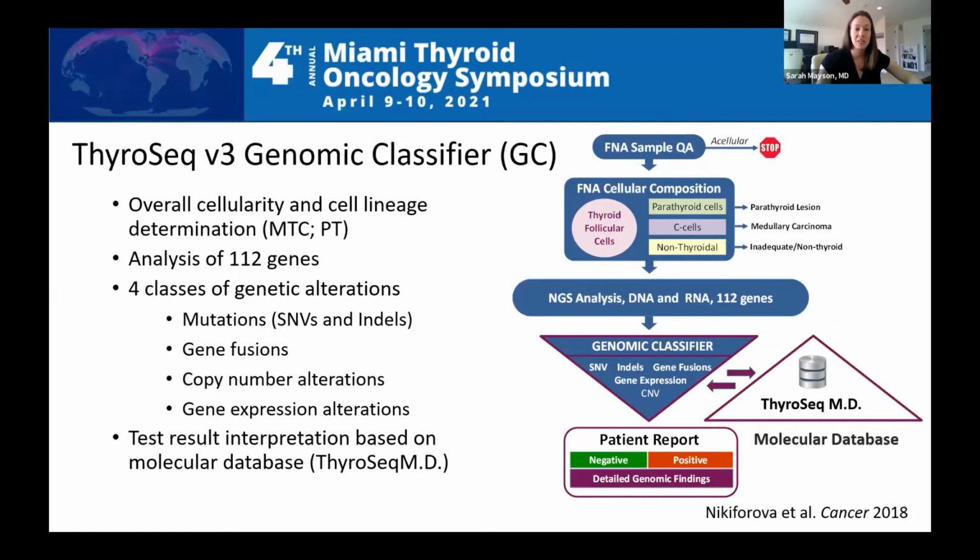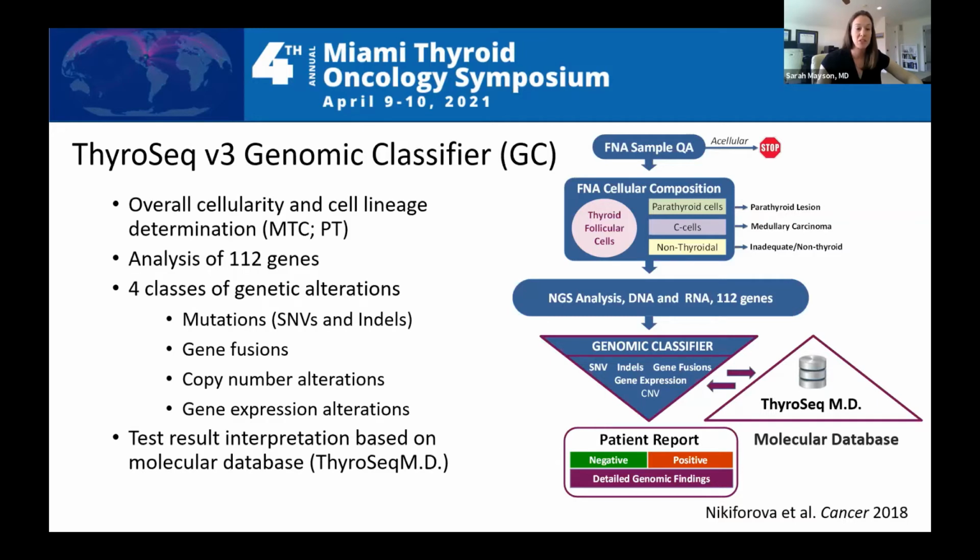The first step in this test is an assessment for quality assurance to ensure there's sufficient cellularity, and then an assessment of the cellular lineage. And this can detect thyroid follicular cells, parathyroid cells, C cells, as well as non-thyroidal cells. And samples that qualify would then be analyzed for 4 different classes of genetic alterations in 112 genes.